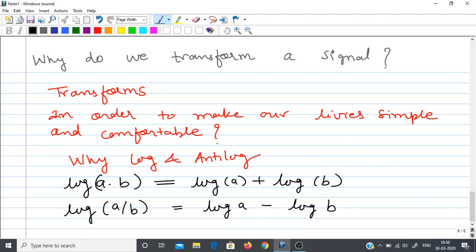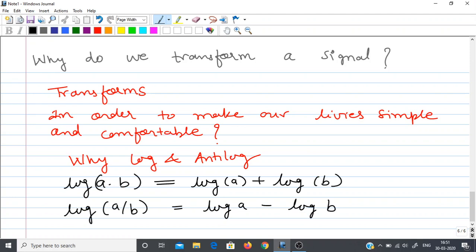After adding their logs, if you take the anti-log, it gives you the final result. So taking logs is like taking the transform of numbers, and taking anti-logs means taking the inverse transform. So logs and anti-logs are used for simplifying the computation performed on numbers.